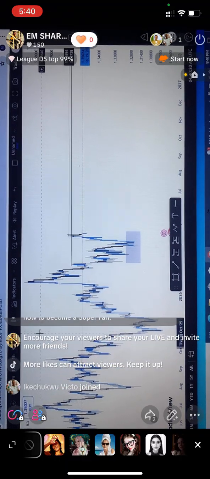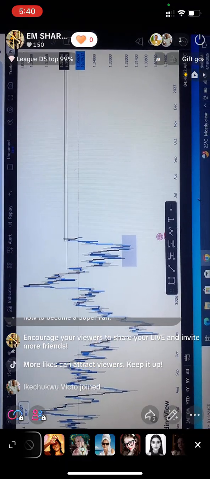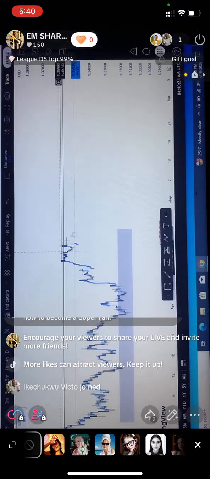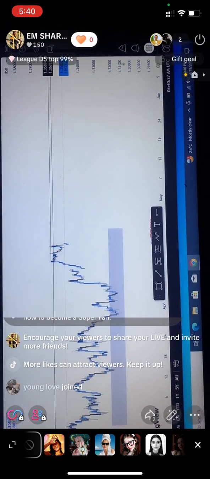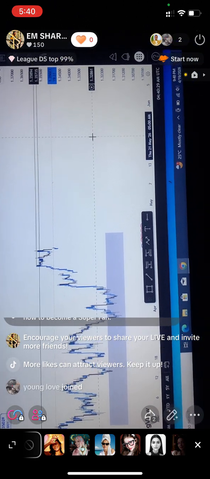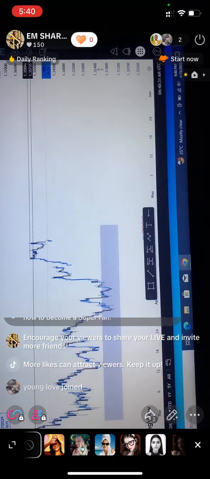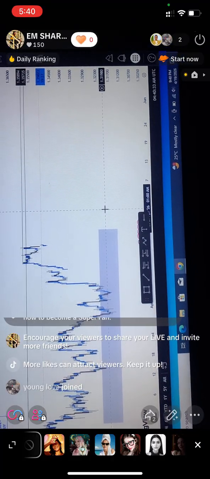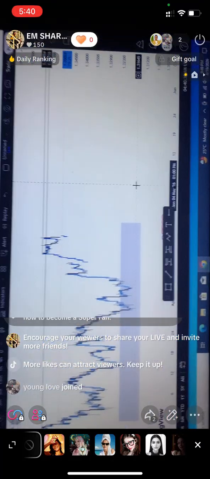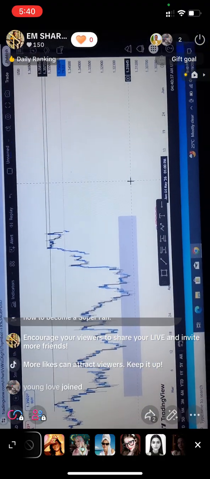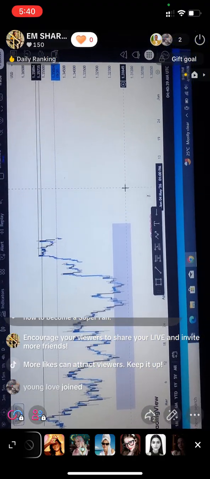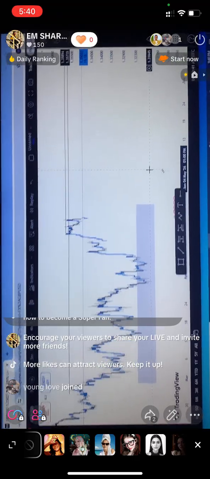Let's look at the H4 time frame to see what is happening there. Don't forget, guys, always follow the structure of the market. Once the market is going to the upside, don't go against the market structure.